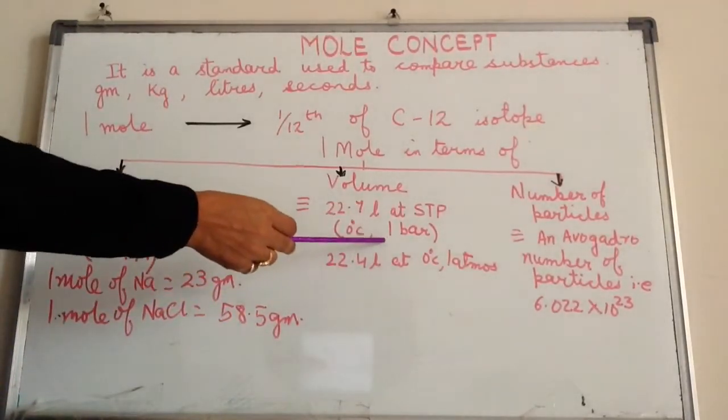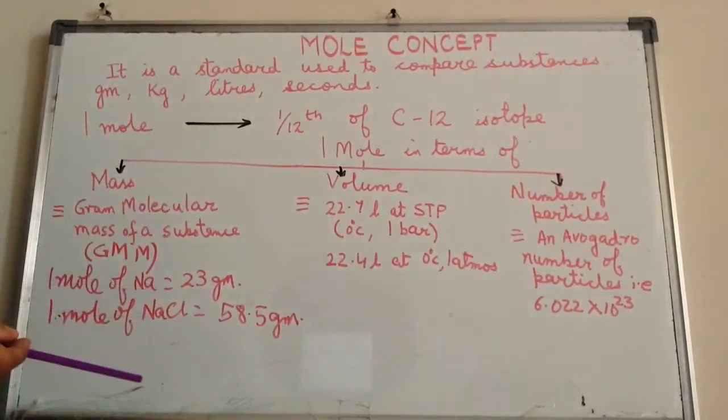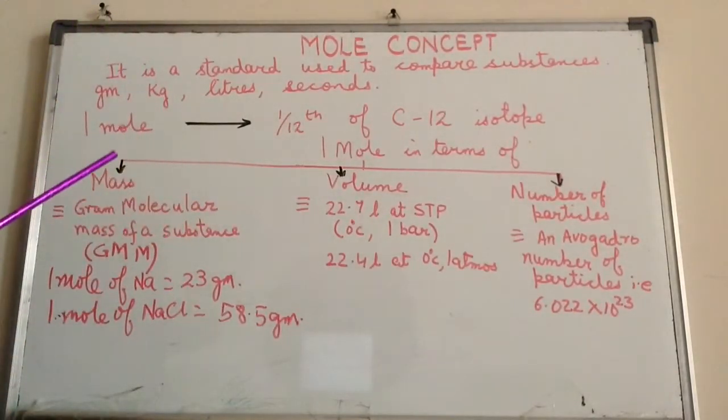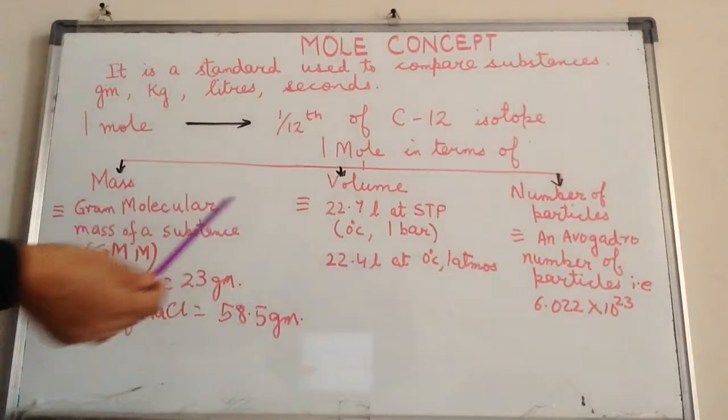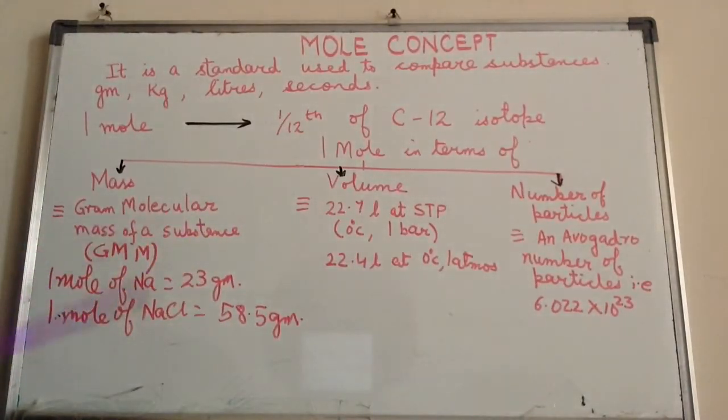When you are talking about pressure in terms of bar, the volume of 1 mole is 22.7 liters, whereas if we are talking in terms of atmospheric pressure or atmospheres, then we have the volume as 22.4 liters. So if I'm talking about 1 mole of carbon dioxide, I simply mean 22.7 liters of carbon dioxide at 0 degrees and 1 bar pressure.